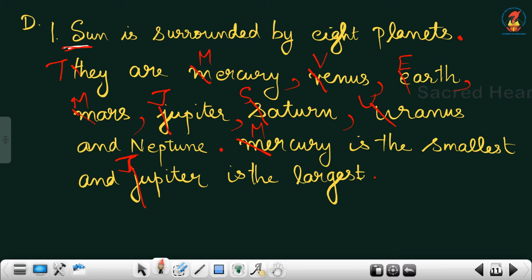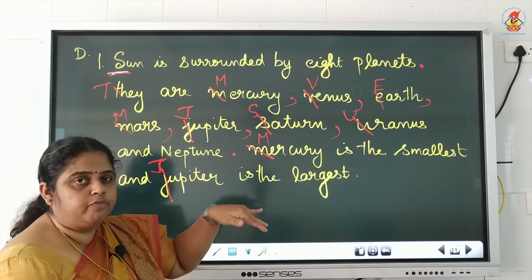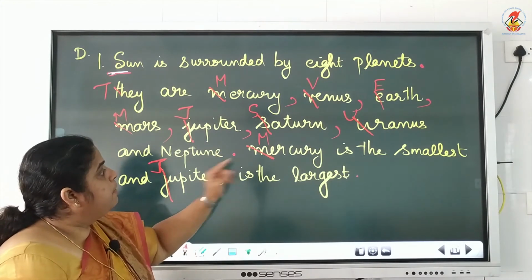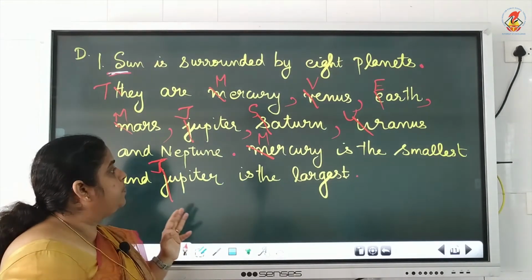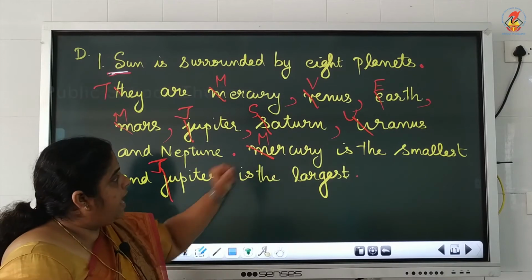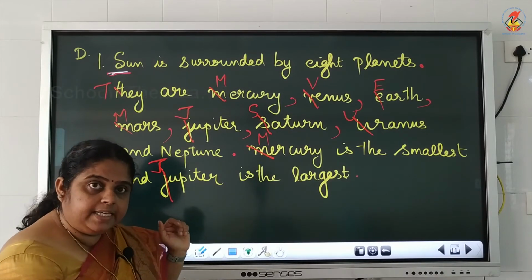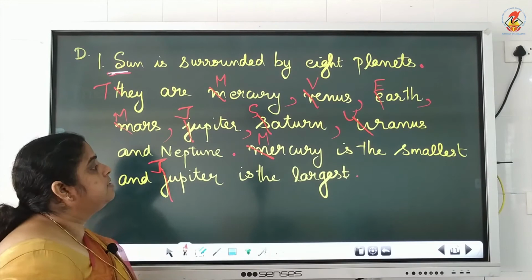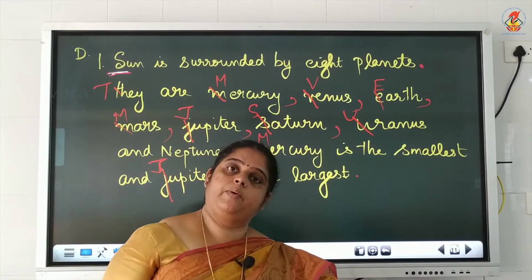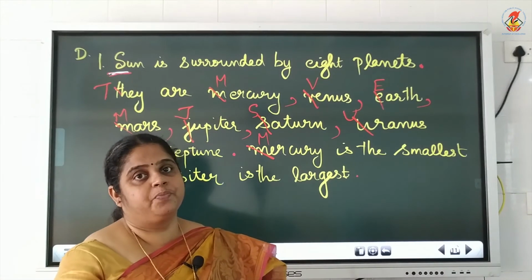All the planets' names should have capital letters and commas after each planet's name, and after Uranus there is no need of comma again because "and" is there. So, when "and" is coming there is no need of putting comma again. Mercury is the smallest and Jupiter is the largest. M can be capital, J is capital, and after largest, full stop. I hope it's clear to you.